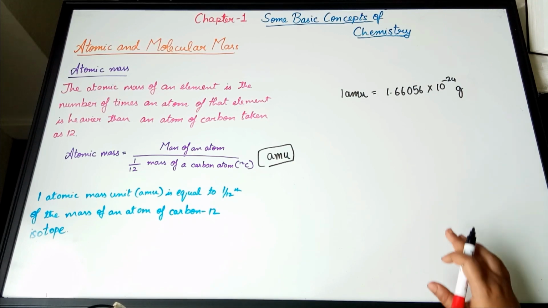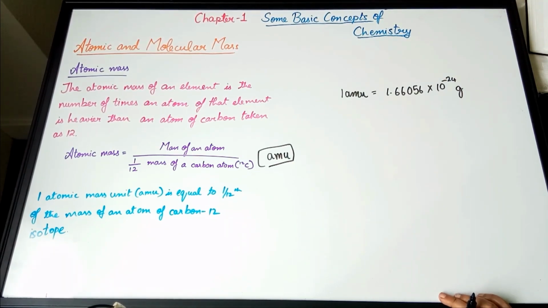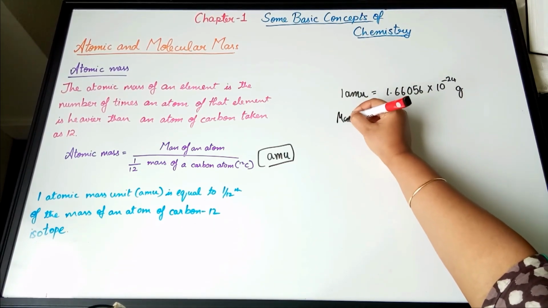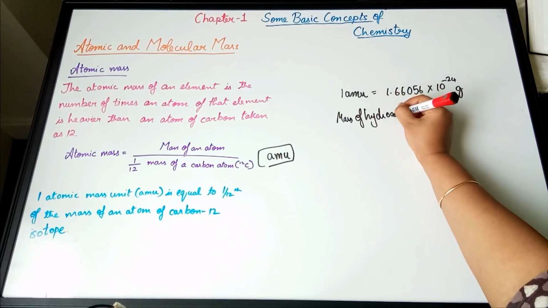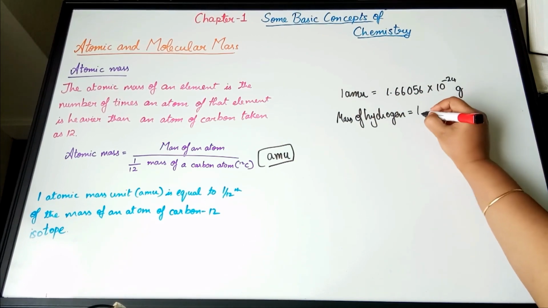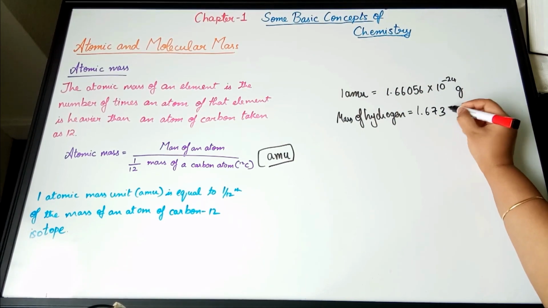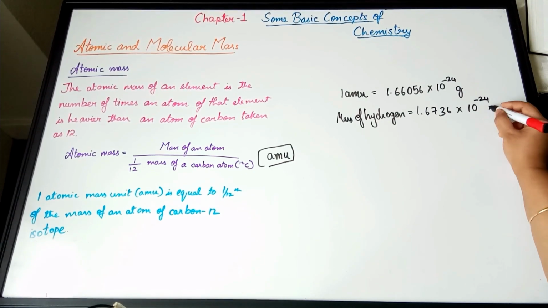And if we want to derive the mass of hydrogen, by an indirect method, the mass of hydrogen was calculated to be 1.6736 × 10^-24 grams.